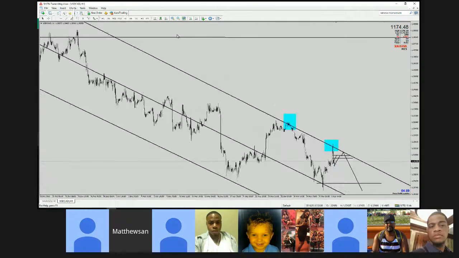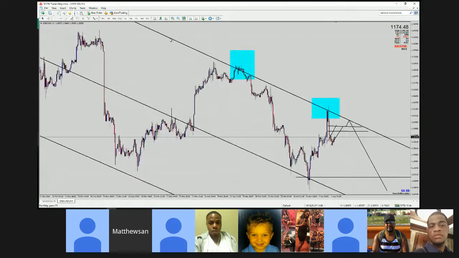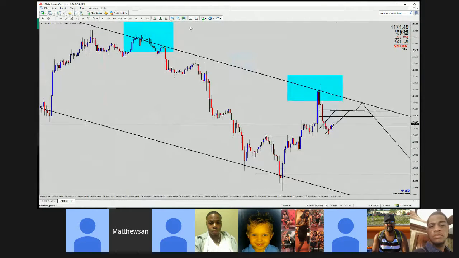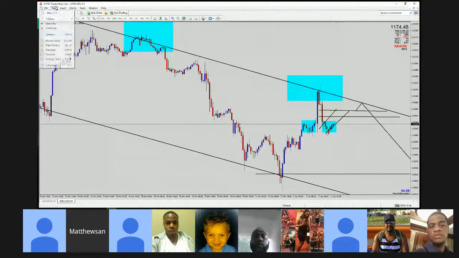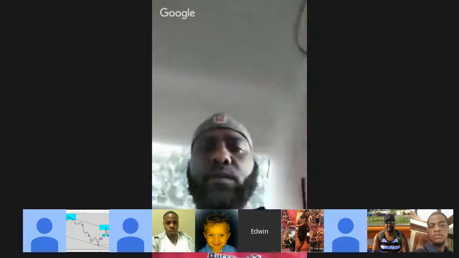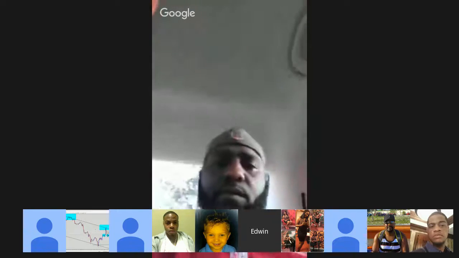And let's see on a small time frame. On a small time frame, this is where we get into those small time frame indicators, those head and shoulders, right? Consolidation, consolidation, and then your break.